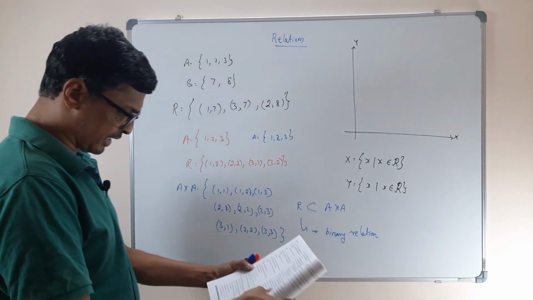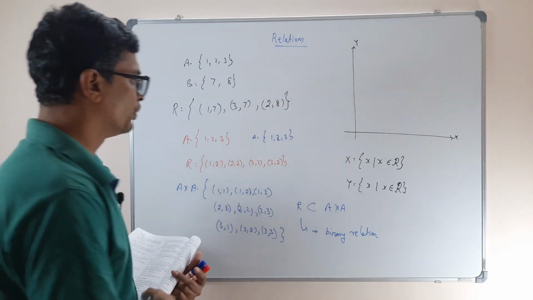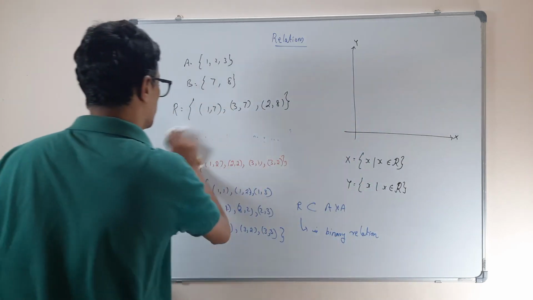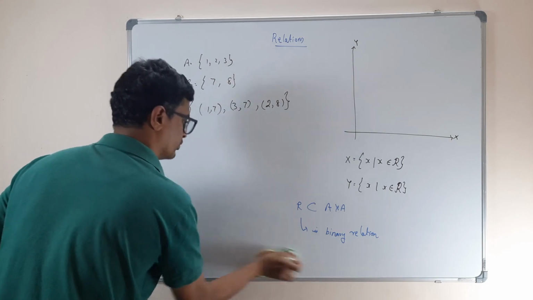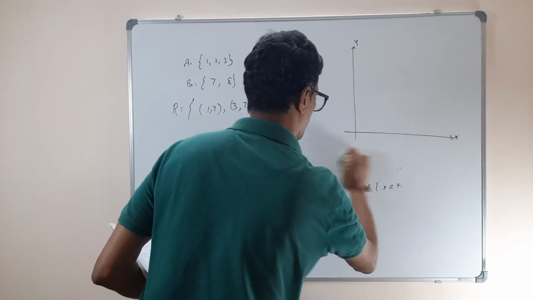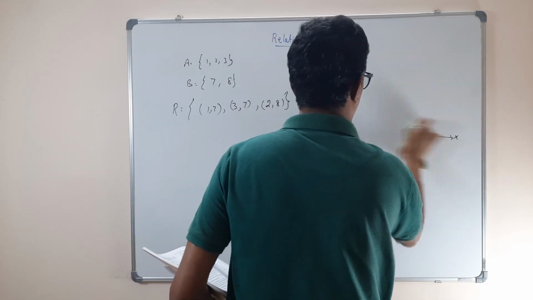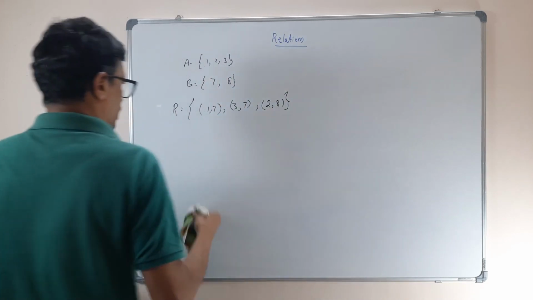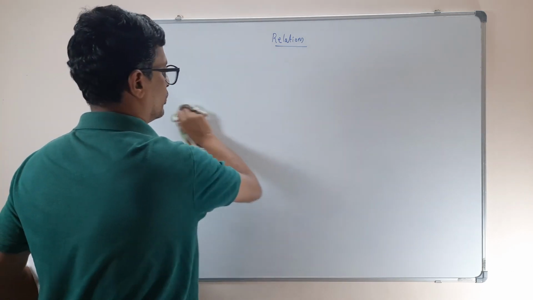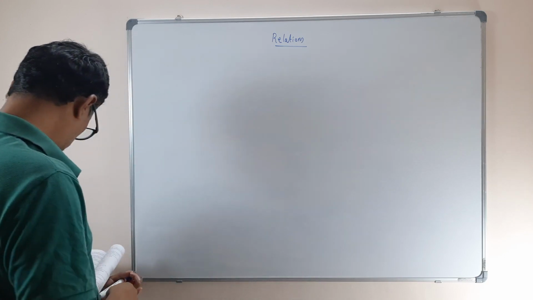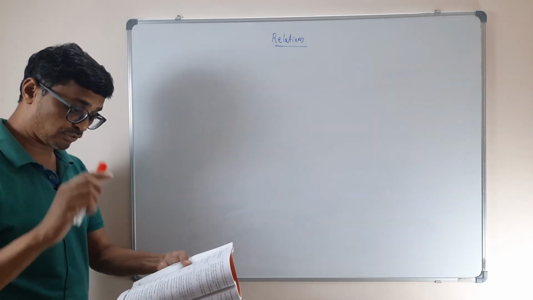Then there's another example. Let N be the set of all natural numbers. What are we having? N is the set of all natural numbers.